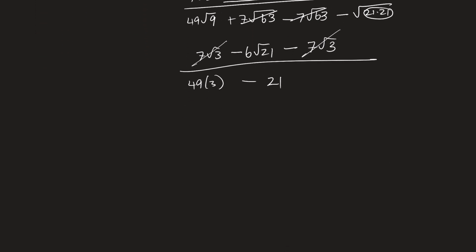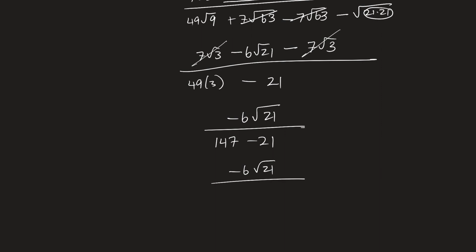Okay, let's keep going. So that'll be minus 6 root 21 over 49 times 3, I think is 147, minus 21. So minus 6 root 21 over 147 minus 21, 126, I think. I think that's right. 126, yep.